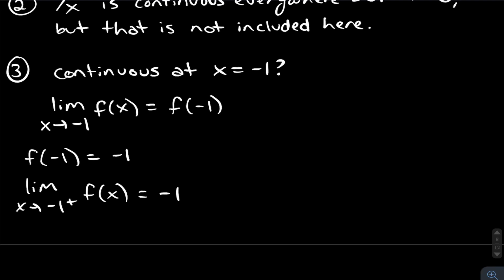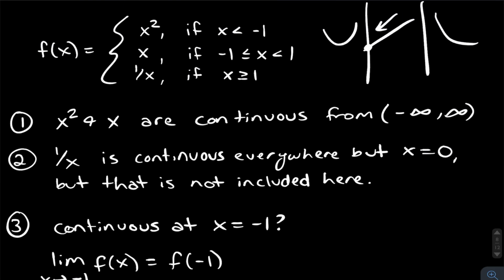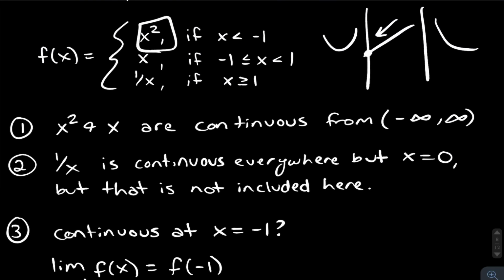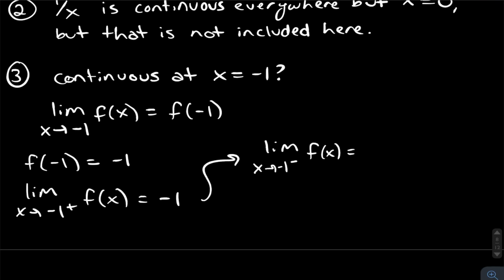But the limit from the left-hand side, we've got to see what that's going to be equal to. Right? And from the left-hand side, we're talking about x squared. Well, with x squared, we actually have to square the -1. Right?